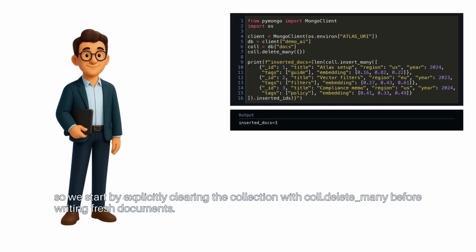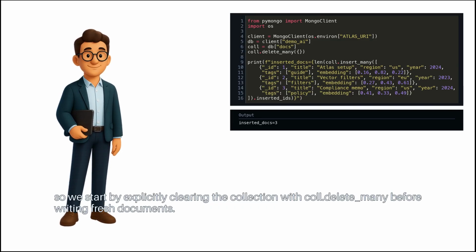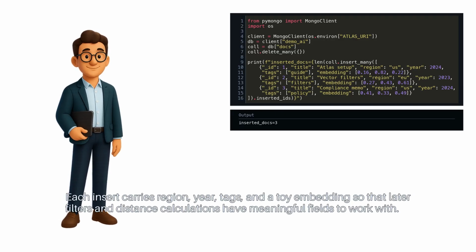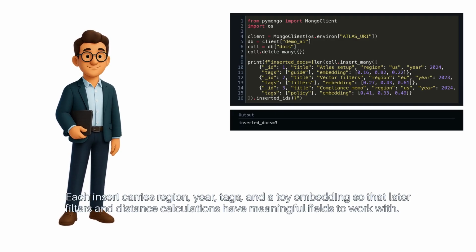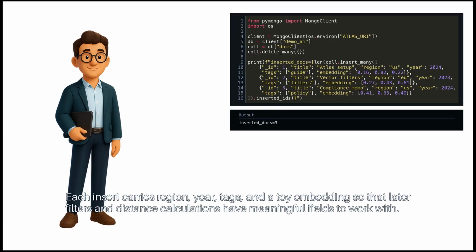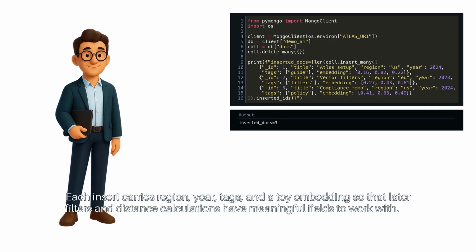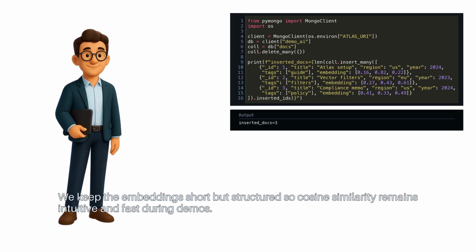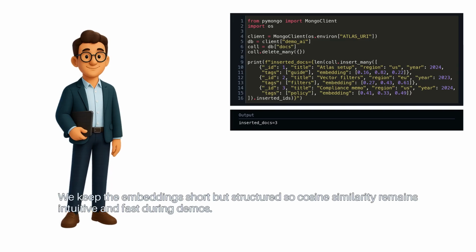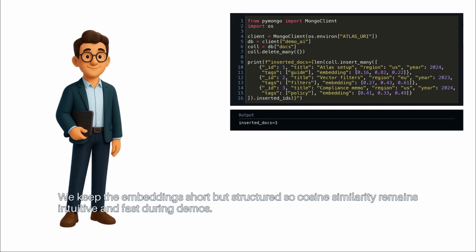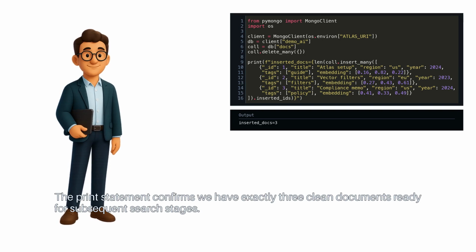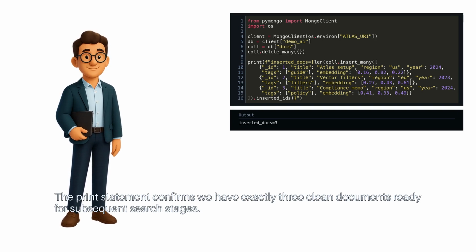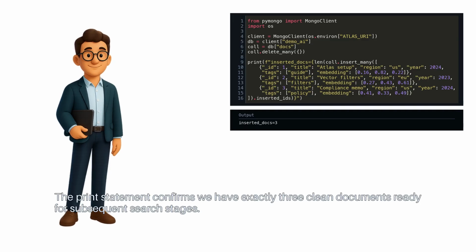So we start by explicitly clearing the collection with collection.deleteMany before writing fresh documents. Each insert carries region, year, tags, and a toy embedding so that later filters and distance calculations have meaningful fields to work with. We keep the embedding short but structured so cosine similarity remains intuitive and fast during demos. The print statement confirms we have exactly 3 clean documents ready for subsequent search stages.